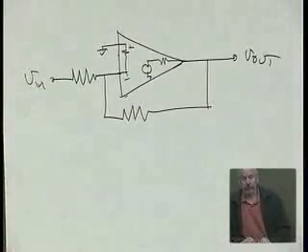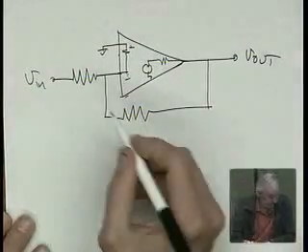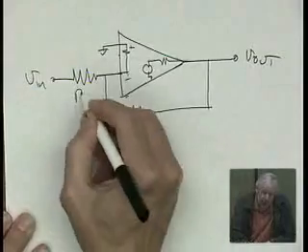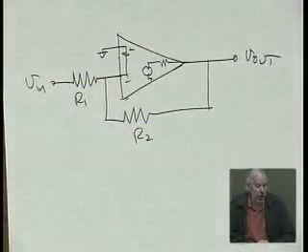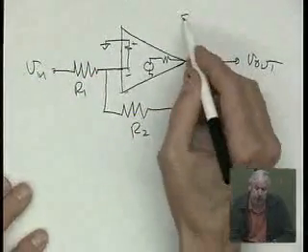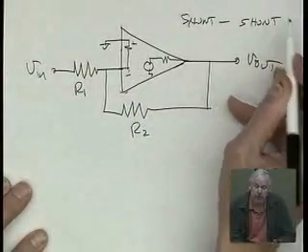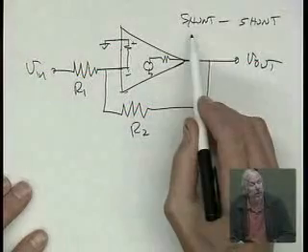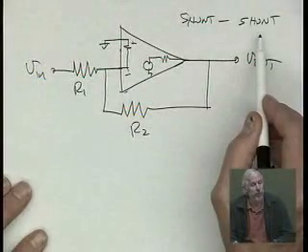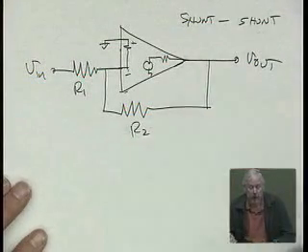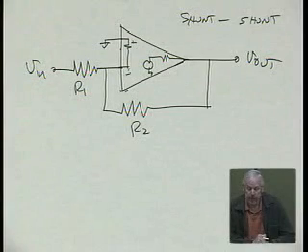Now you look at this, and I claim this is shunt feedback. That means current feedback with current sensing. Now you look at this amplifier. Does that look like current feedback?